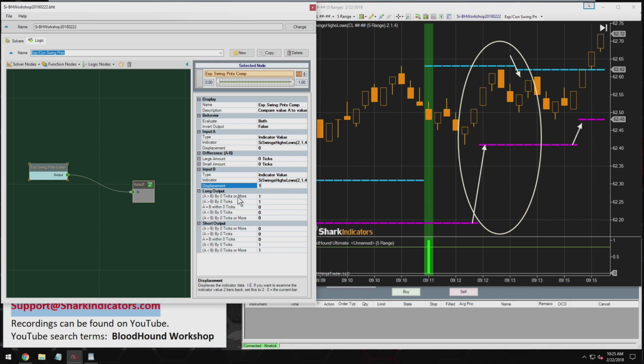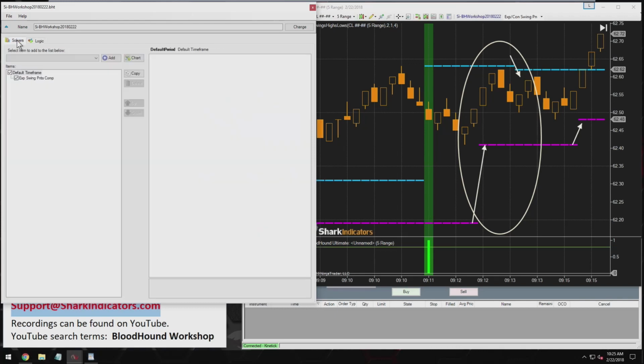The only difference between expansion and contraction is how we look at the output section. Instead of looking at A being greater than B for long, we want to identify when input A is less than B. So this would be contraction. We can take a nifty shortcut here. Let me show you how to do that.